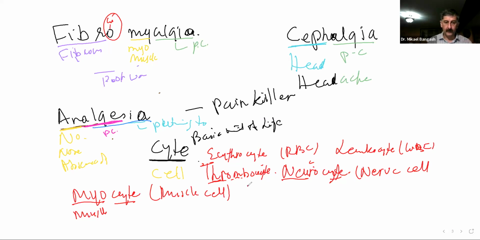Another one is hepatocyte. Hepato is liver, combined with a vowel and cell, so it becomes a liver cell.